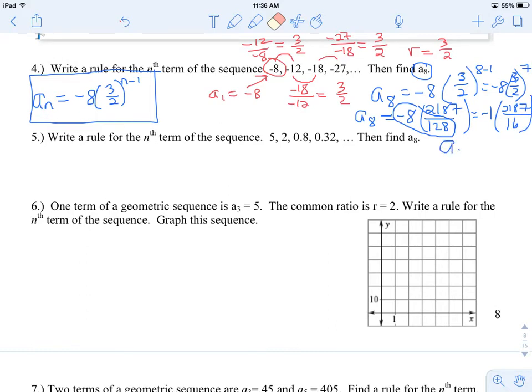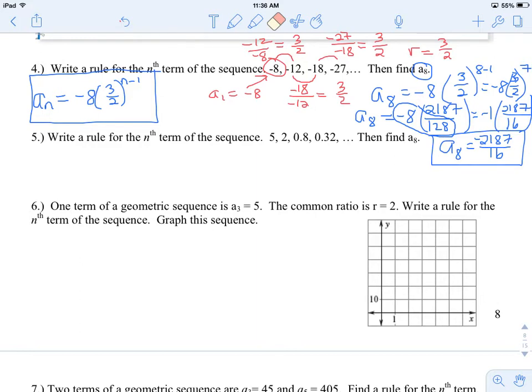So that a sub 8 will equal negative 2,187 over 16. If you wanted to make that a decimal, it comes out to be approximately -136.7.